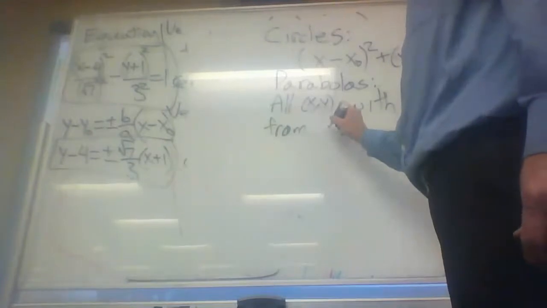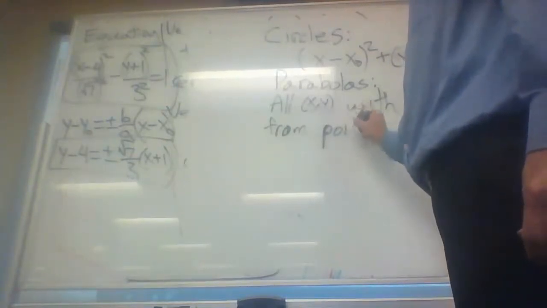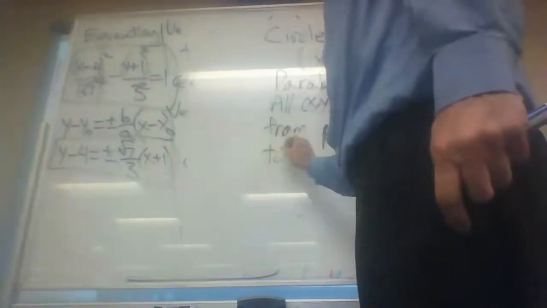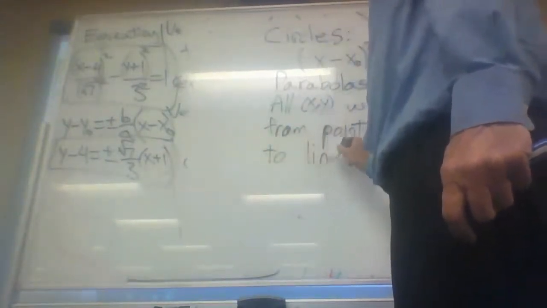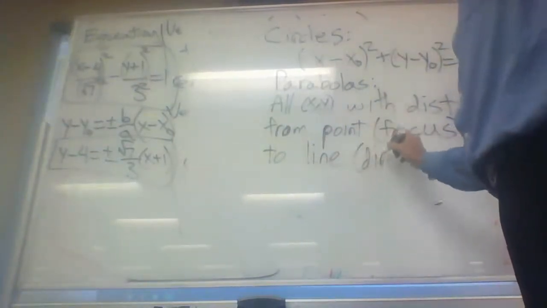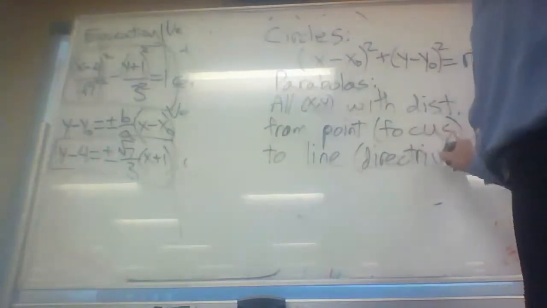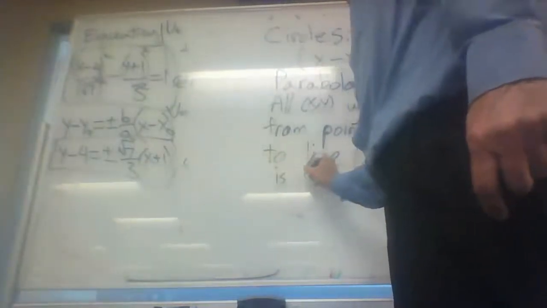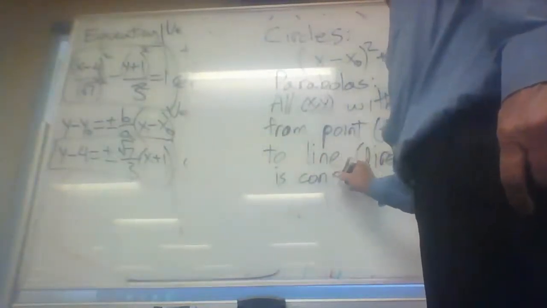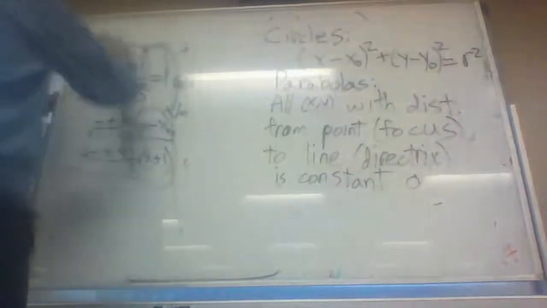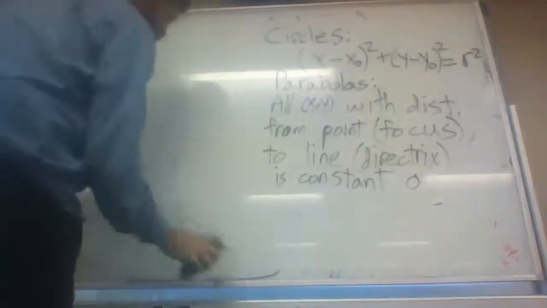A parabola is all x, y with distance from a given point, one point this time, called the focus, to a given line not containing the point, called the directrix, constant. So it's a similar definition, but only one focus this time.